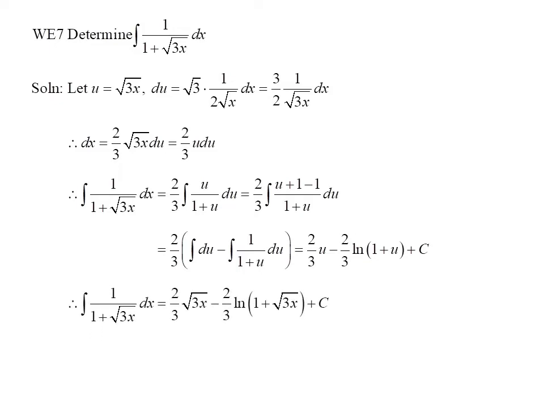After back substituting to the variable x, the antiderivative equals 2 over 3 times the square root of 3x minus 2 over 3 of ln of (1 plus square root of 3x), in parentheses, plus c.